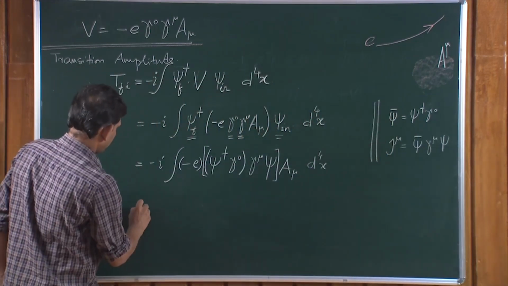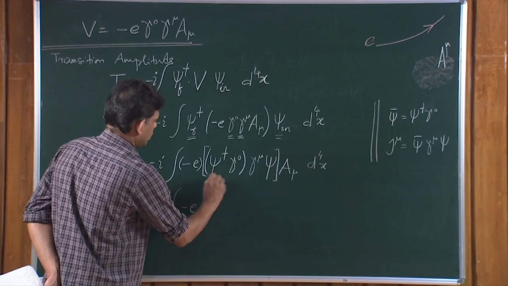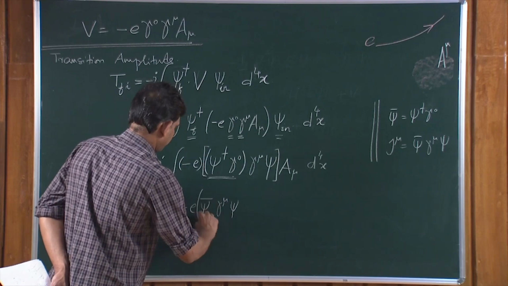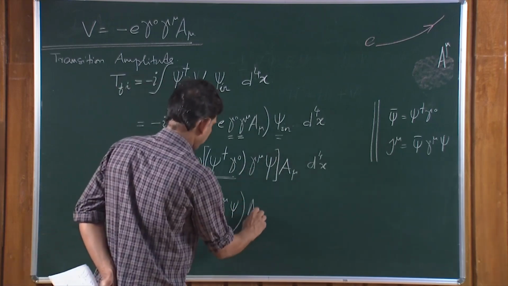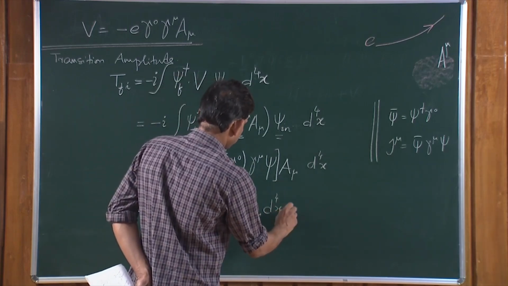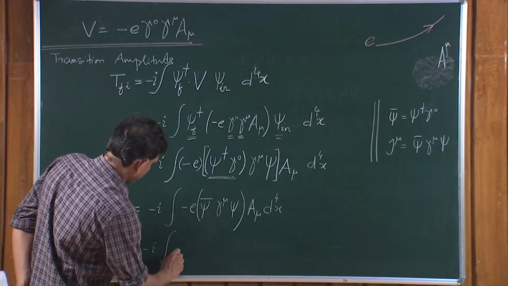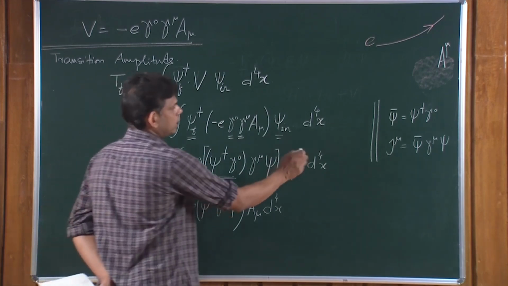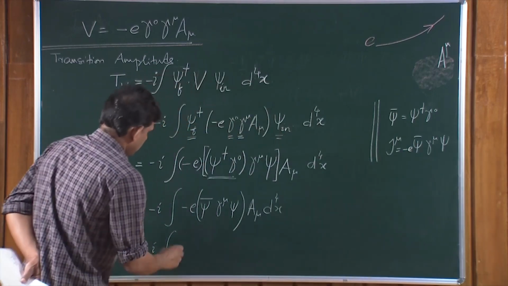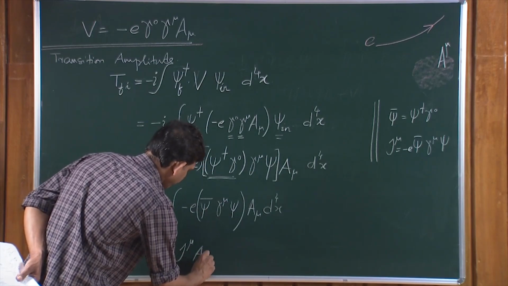Now, indeed I can write this integral minus E psi bar gamma mu psi interacting with A mu, or taking the dot product with A mu d 4 x, that is essentially equal to minus I integral minus E psi bar gamma mu psi, which is nothing but j mu.